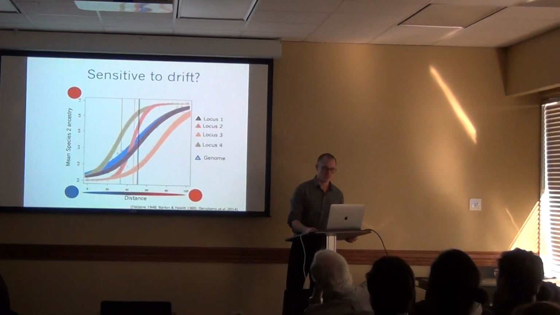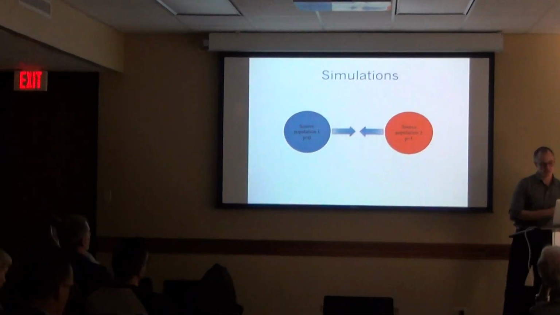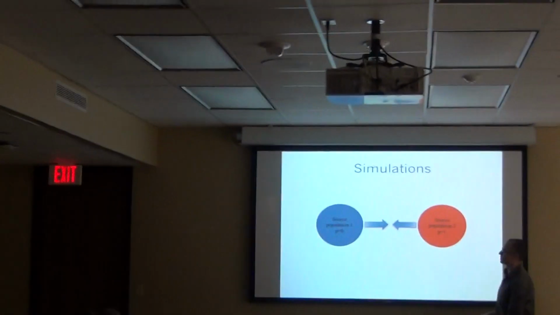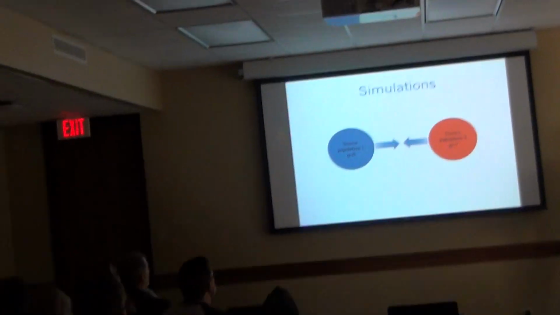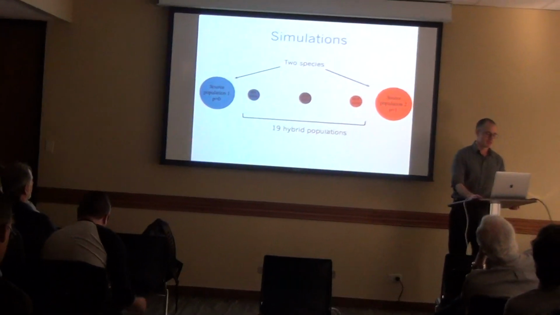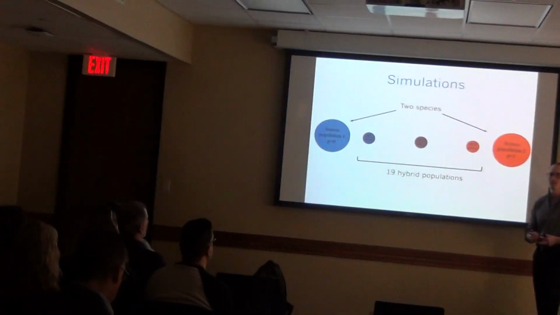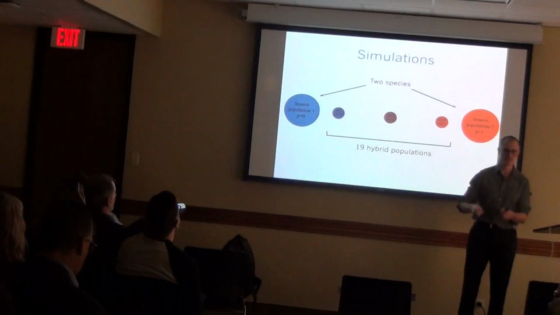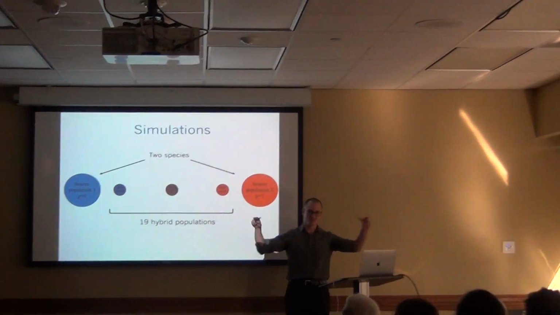So to answer that question, I did a lot of simulations. We're going to continue with my hypothetical blue and red. So I simulated 2 big populations and 19 hybrid populations along this hypothetical distance.